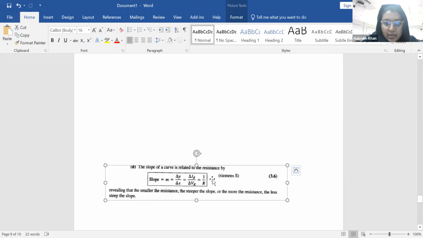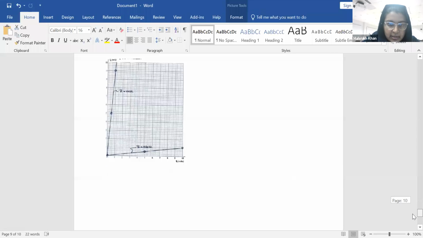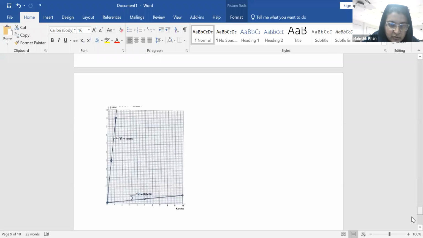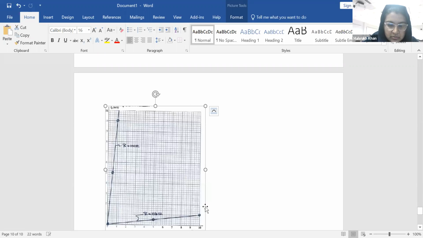As you can see here, your slope is inversely proportional to your R. So your slope will be steeper when you have the smaller resistance. This graph I have just included to show you what it means. If you have the smaller resistance, your slope is steeper than when you have the larger resistance. Okay, is it clear?